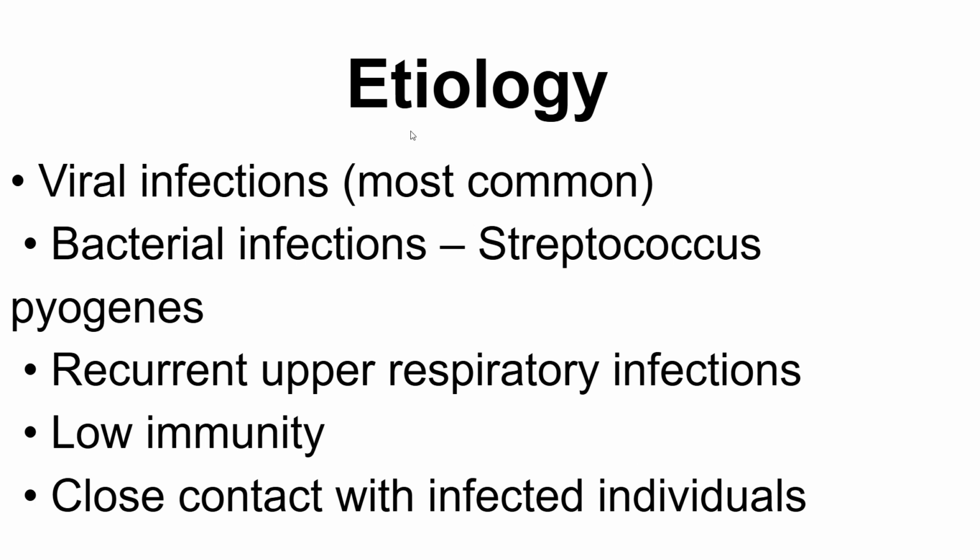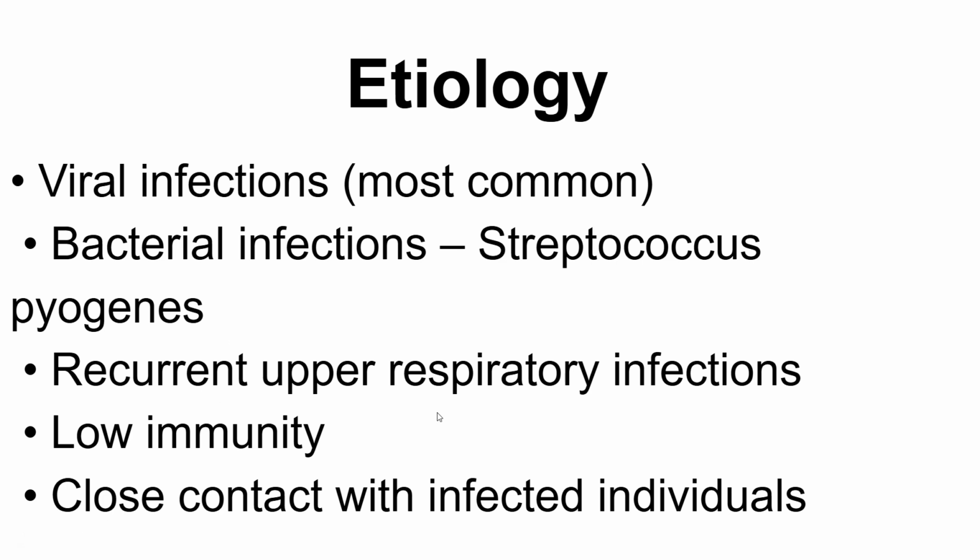Etiology. The most common reasons can be viral infections, and some viruses can be rhinoviruses, influenza viruses, adenoviruses, and Epstein-Barr viruses, and many others. Bacterial infections can be mainly due to Streptococcus pyogenes.